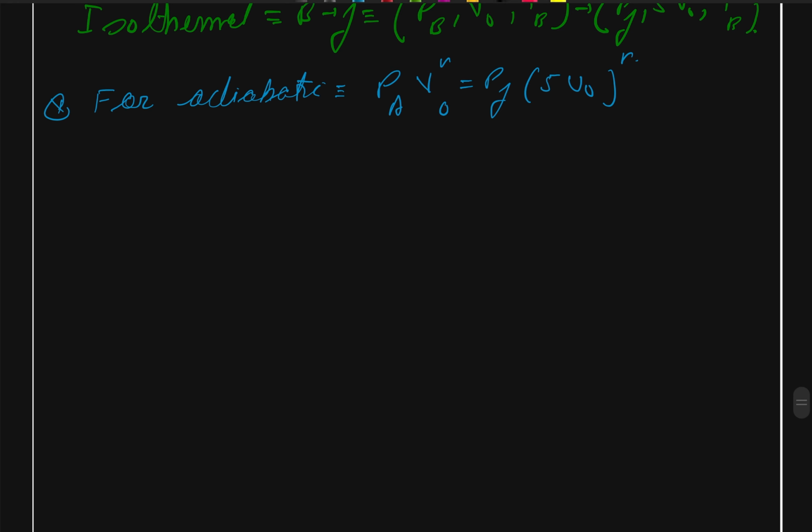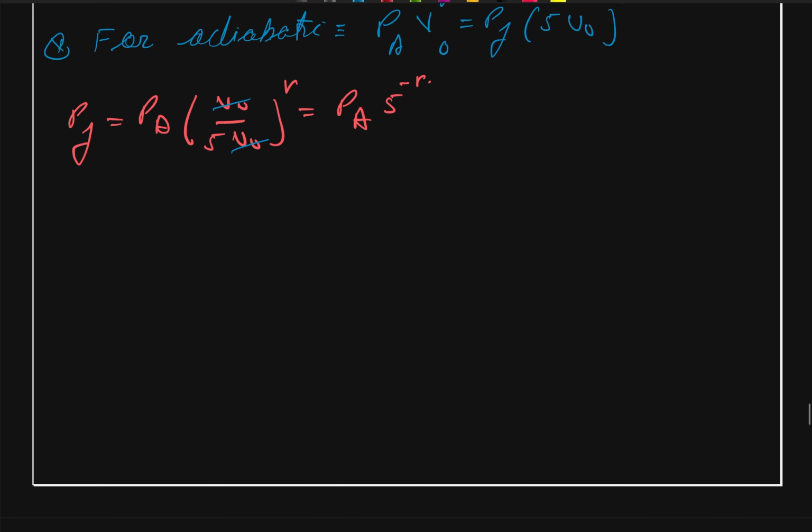Therefore, from here we can write that our PF is equal to our PA V naught upon 5 V naught whole raised to power gamma, which comes as PA, and this V naught and V naught cancels out. So this comes as 5 raised to power minus of gamma.